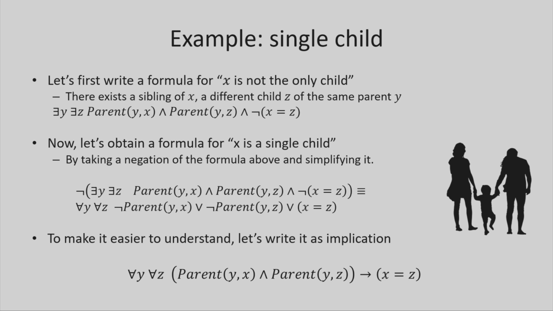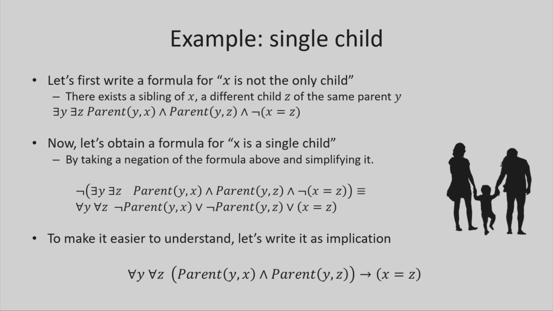So to write a formula that says that X has a sibling, we could say that there exists Y, who we are thinking of as a father or mother of both X and the sibling of X, and there exists Z, who is the sibling of X. So, Y is a parent of X, and also Y is a parent of Z. And finally, what we need to say is that X and Z are different people, because who knows, maybe they are two names of the same person.